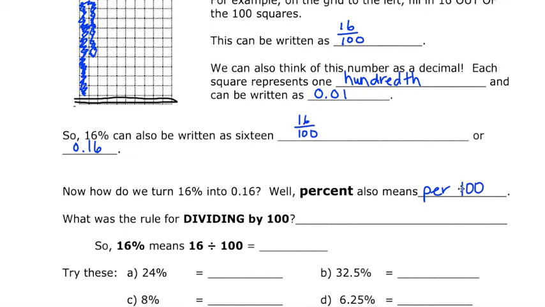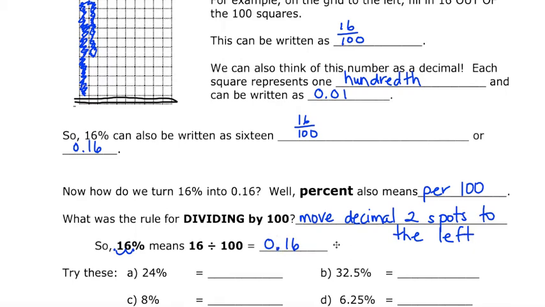Dividing by 100, we want to think about taking that decimal place and we move it 2 spots to the left. So I'm finding my decimal point in 16% and I'm moving it 2 spots to the left. So then it becomes 0.16. Always include that 0 in front of your decimal place.